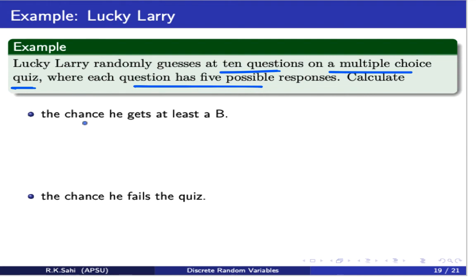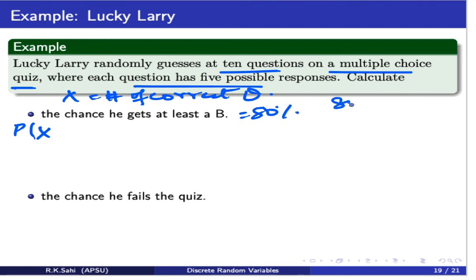We would like to know the chance he gets at least a B. X is the number of correct questions, a random variable. B means 80%, and 80% of 10 questions is 8. So at least a B means X is greater than or equal to 8.